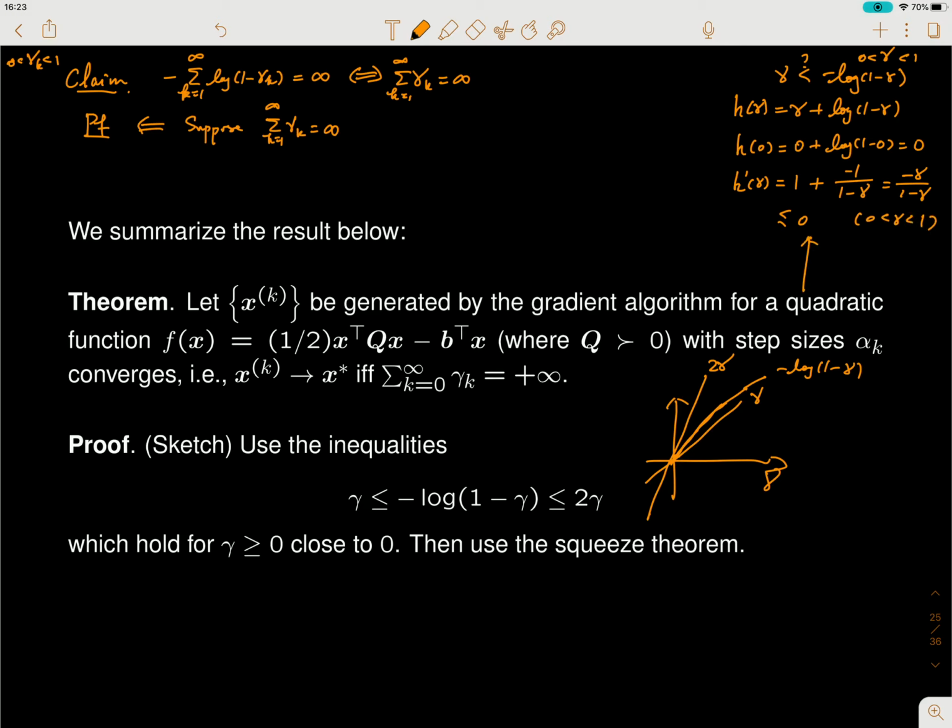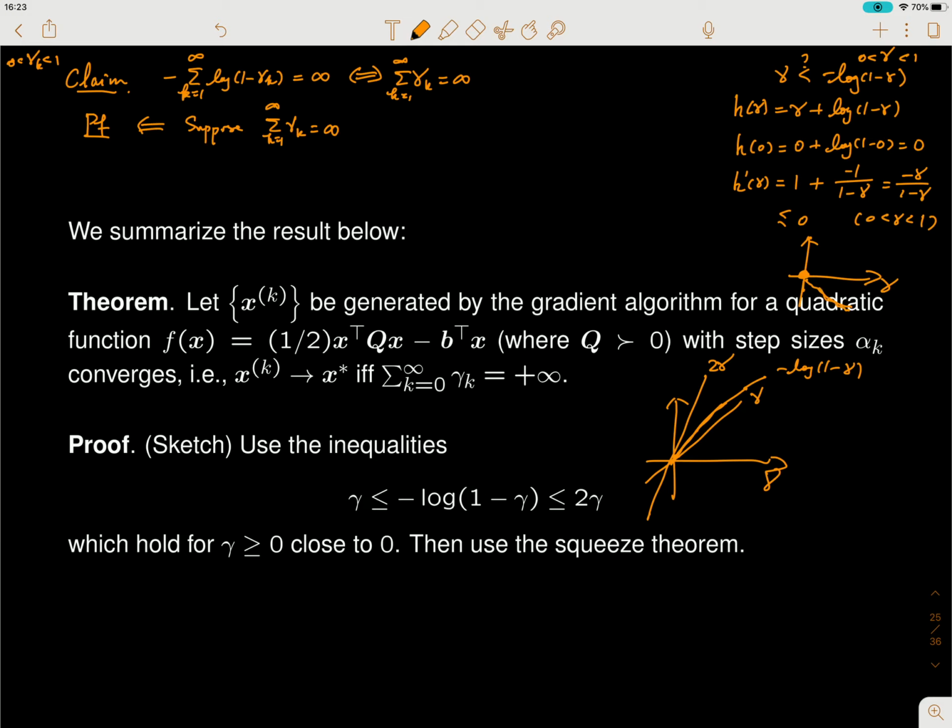So if I draw the picture of h of gamma, it starts from 0. h of gamma is 0 when gamma is 0, as we showed here. And then the derivative of h is negative, so starting from 0, h of gamma will go down, right? Because the derivative is negative, it's always going down.